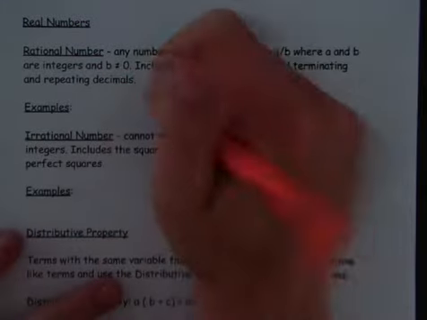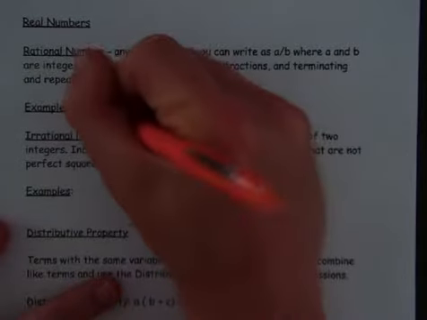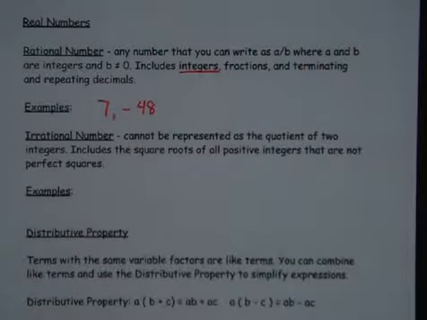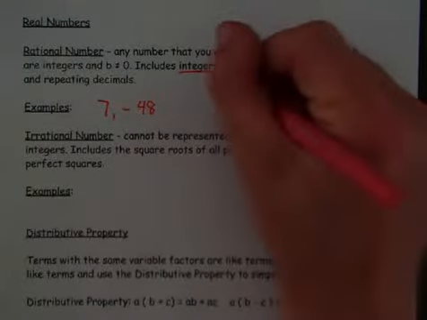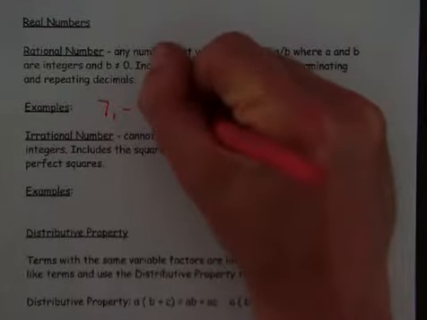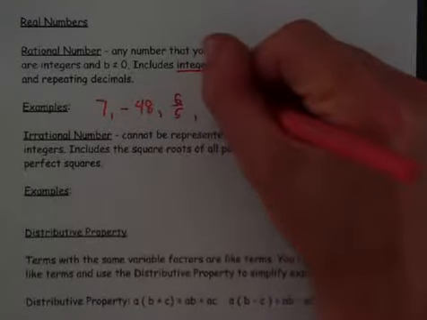So what are some examples? Well, integers could be 7, negative 48. Those are integers. Fractions, so you could have 6/5, negative 18/7.